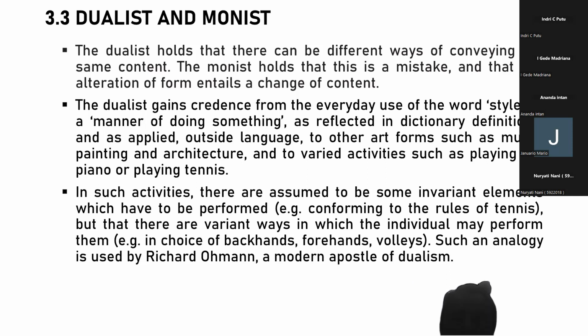So there are variants in which the individual may perform them, in choice of backhands, forehands, volleys, such as analogies used by Richard Hoffman, a modern apostle of dualism. So here, you are asked to define it by using the analogy of conforming to the rules of tennis, when you want to understand the dualist itself.